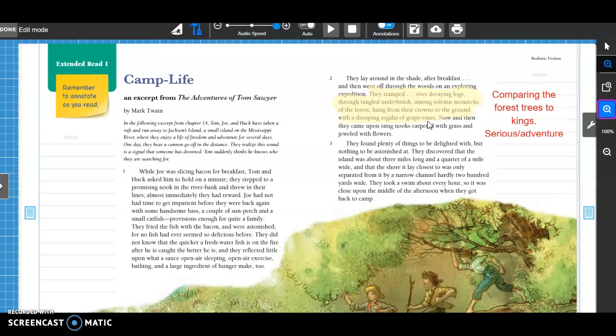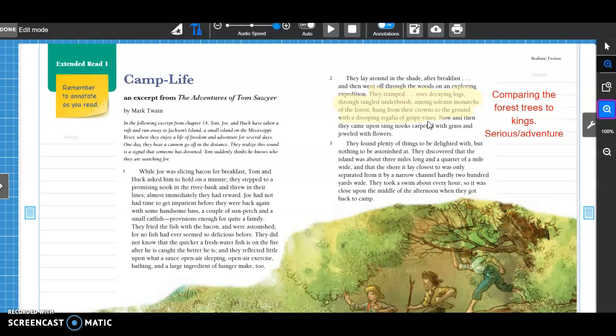Hung from their crowns, so something hanging from the top, okay, to the ground, are vines. So you can actually kind of picture that in your brain. You have the forest trees, and then you've got vines coming down, and they're dropping all the way down to the ground. So this is a metaphor. They're comparing the forest trees to kings.